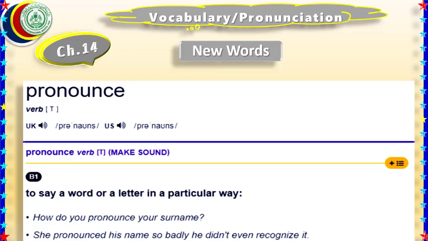Its noun is pronunciation and it is pronounce. When we say pronounce, it is a verb. When we say pronunciation, that is the noun from it.